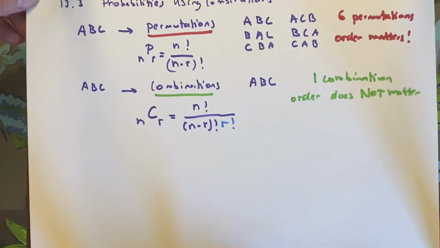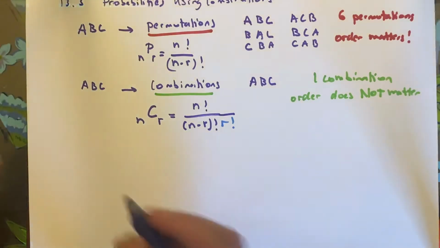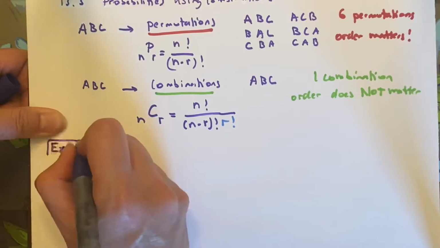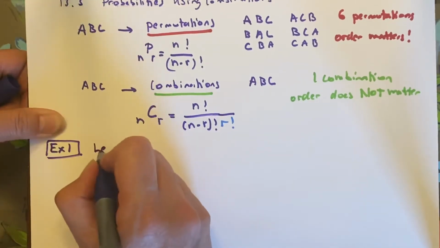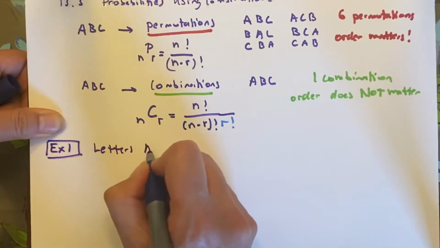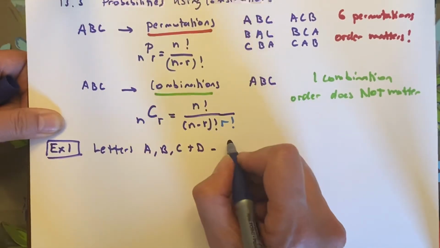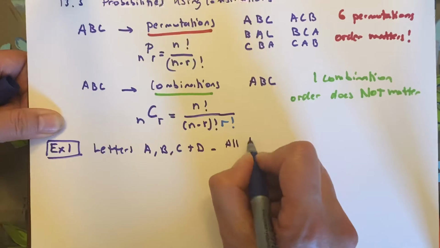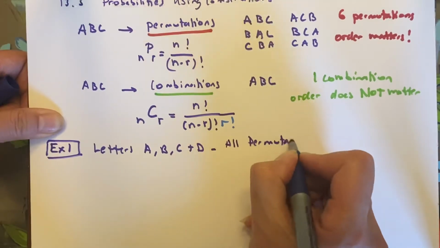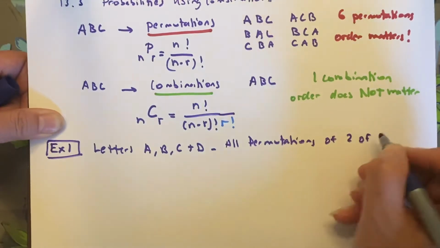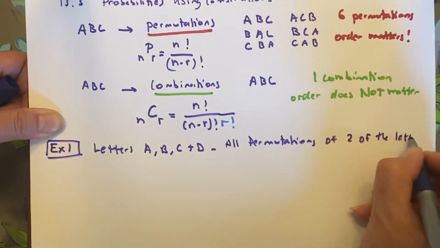Okay, let's look at example 1, and we'll see it work in that example again. Example 1 is also using letters. You have the letters A, B, C, and D. And we're going to look at all the permutations of 2 of the letters.